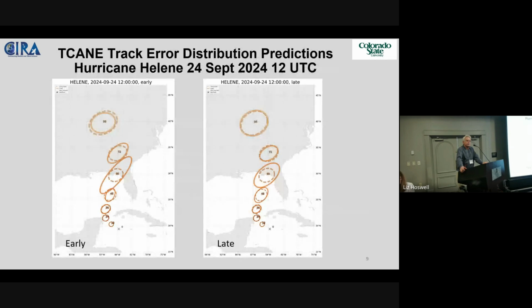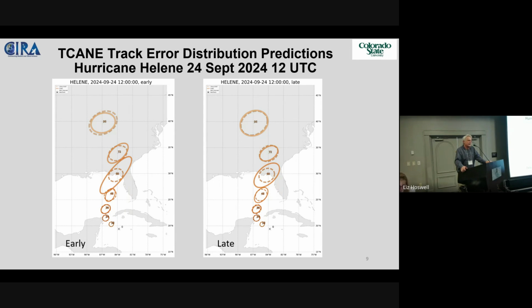Next slide. This is an example from Hurricane Helene. On the left side is the early run that estimates the uncertainty. One of the things that Wallace suggested is that we have a reference to the climatological error distribution. So those dashed lines are what the typical error would be if you didn't include the situational dependence.